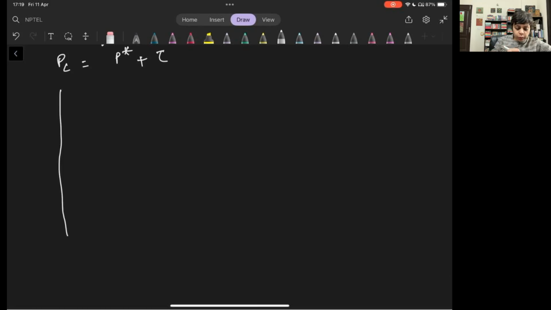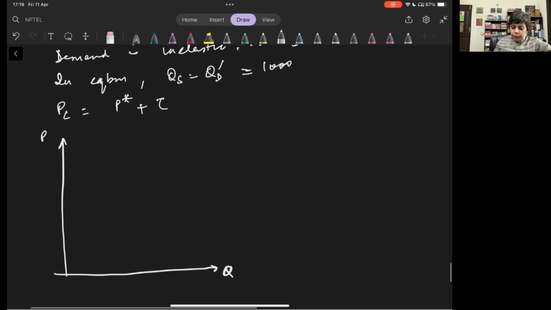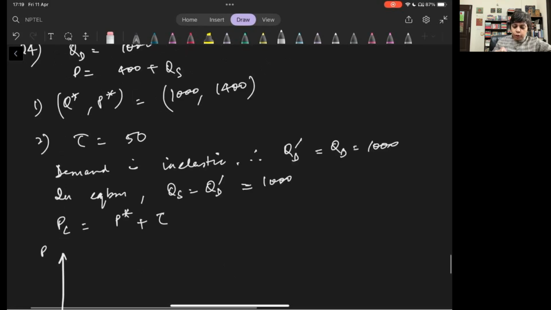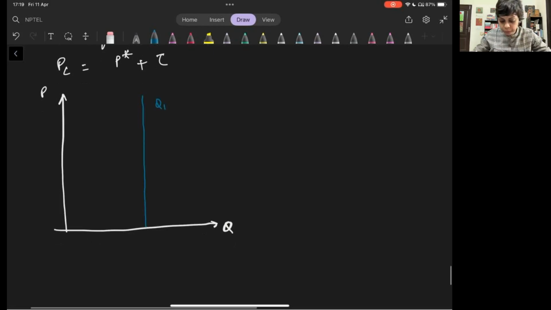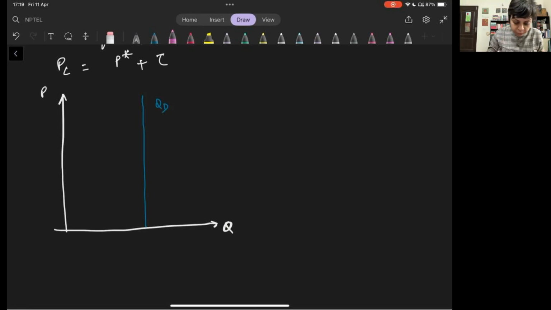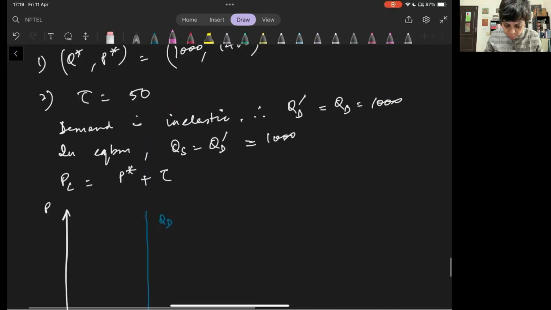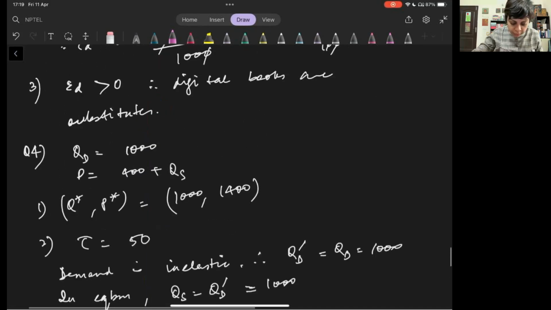Let me draw this quickly. Okay. So the diagram is telling you that QD is a vertical line like this. Okay, this is QD. And initially, what is the value at Q equal to 0? P is starting from this point.